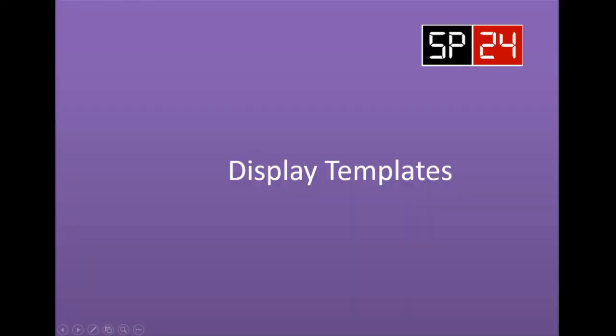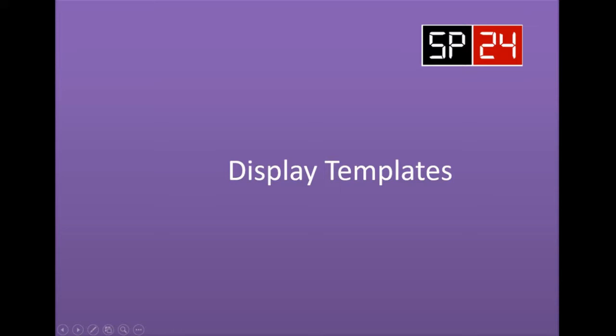Now, display templates is basically nothing but just an area where SharePoint has provided you to add your code in simple HTML. And you can define how a particular item looks like, and then you can use that to display it in a particular web part.